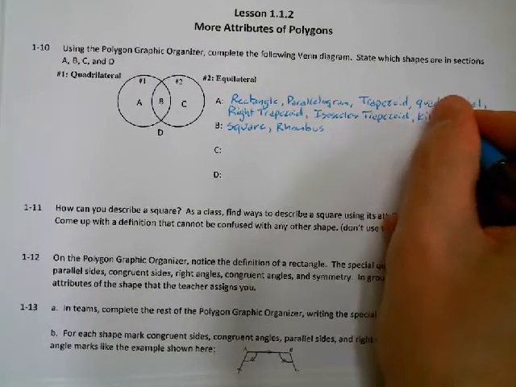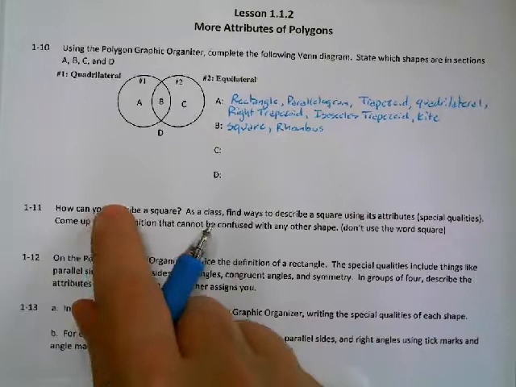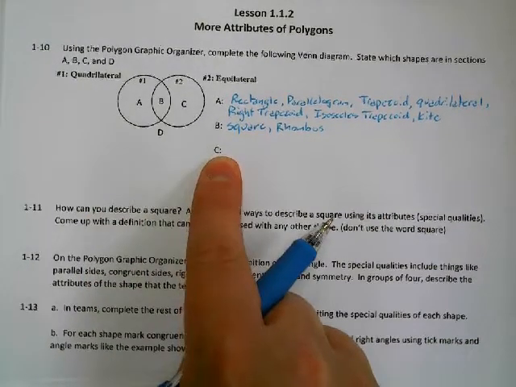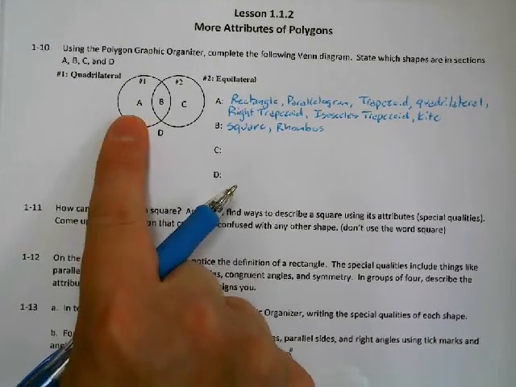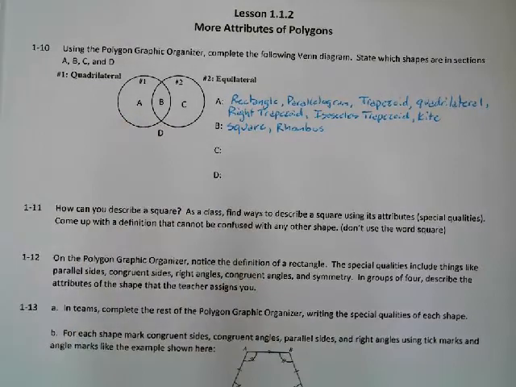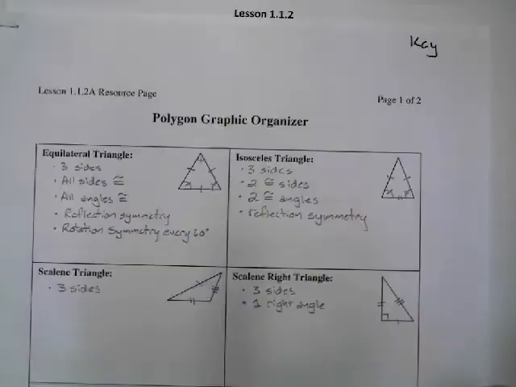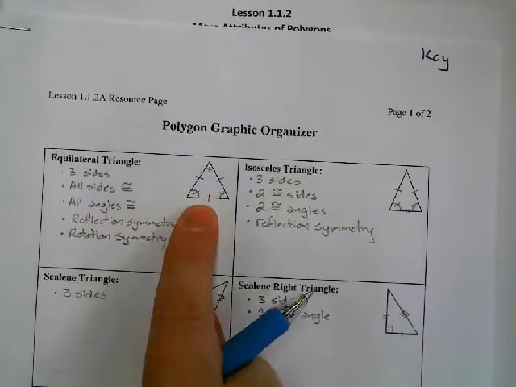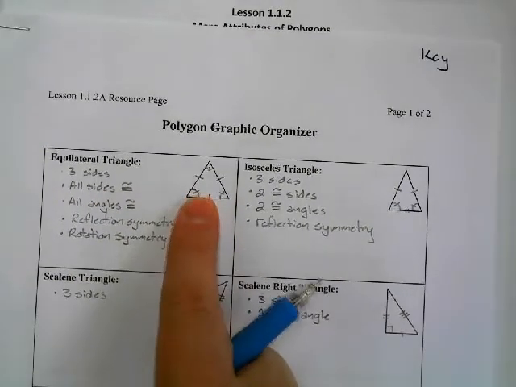All right, now let's look for the equilateral shapes that are not quadrilaterals. Okay, equilateral that are not quadrilaterals. So here we go. First one, equilateral triangle. It's not a quadrilateral, but it is equilateral. So let's add that one.